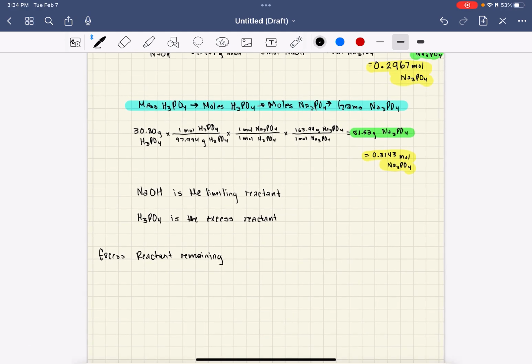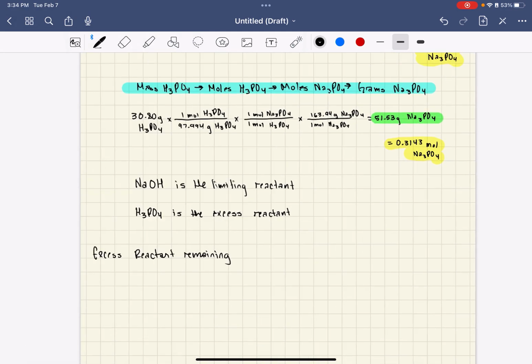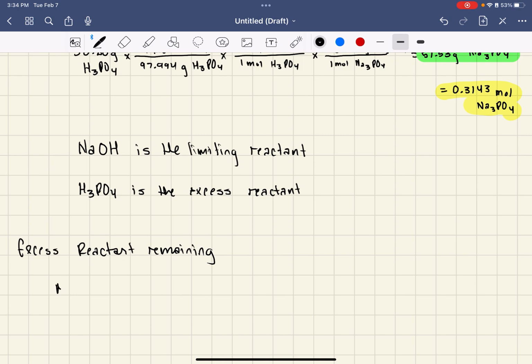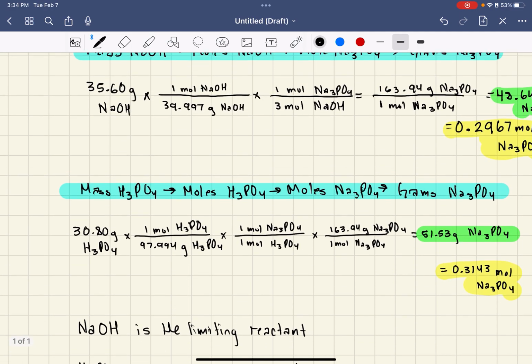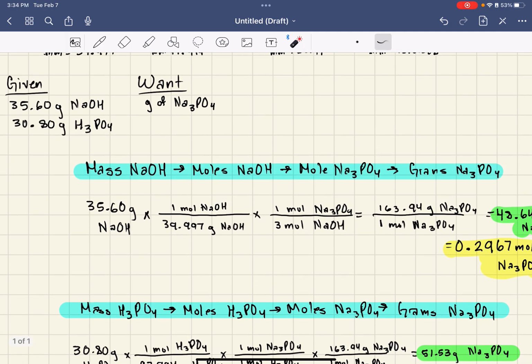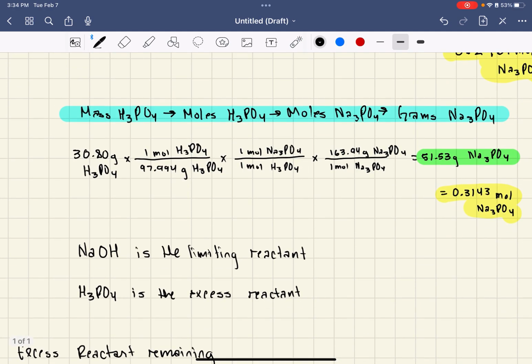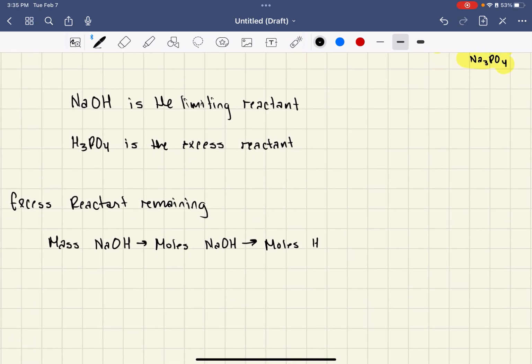This is going to go from mass of NaOH to moles of NaOH, to moles of H3PO4, to mass of H3PO4. Okay.